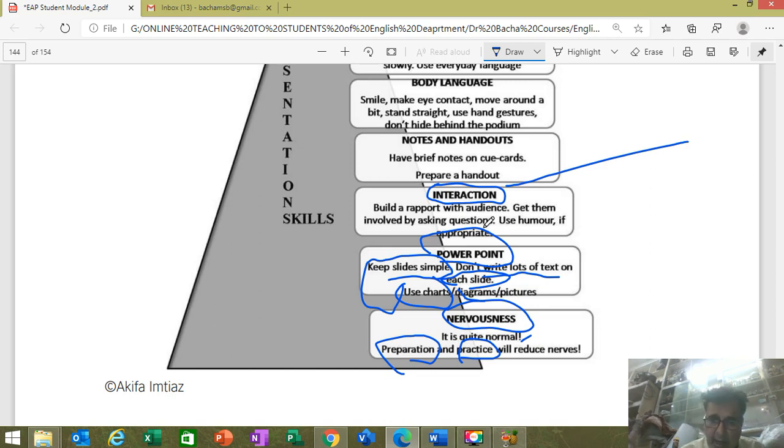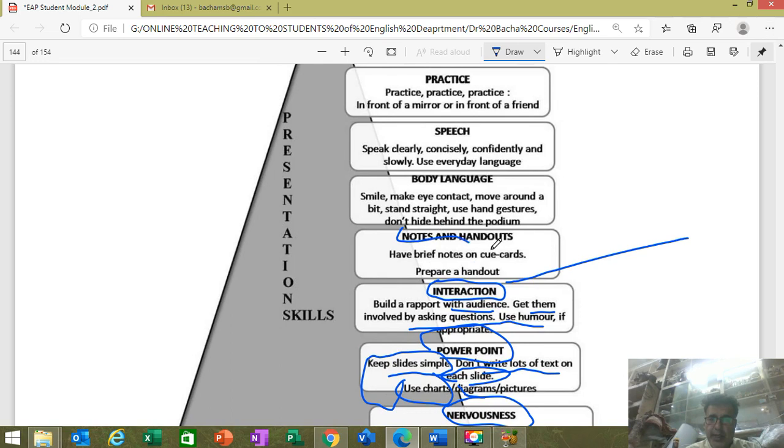Build a rapport with the audience. There should be some contact with the audience. You should not be speaking into the air or be distracted. You should not be looking at others, but take the audience with you. Get them involved by asking questions. Use humor if appropriate.